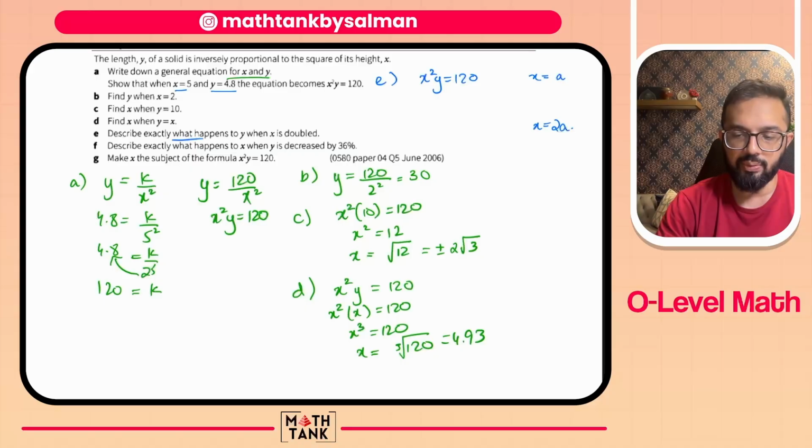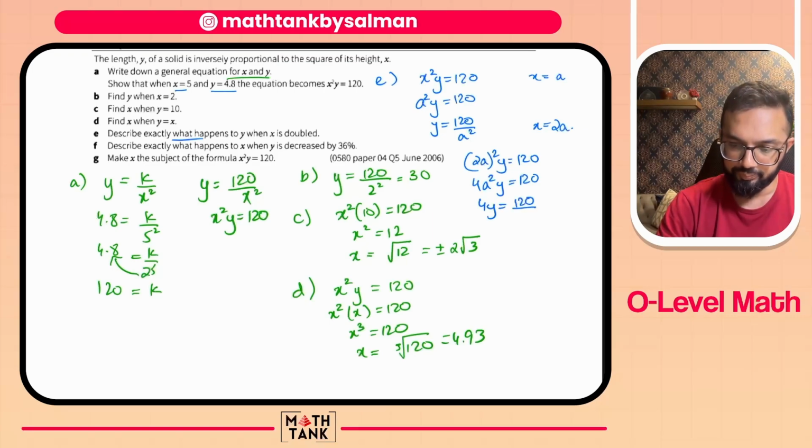So this one's going to become a squared y equals 120. So y is basically 120 over a squared. When it's 2a, squared y equals 120. That's 4a squared y equals 120. So 4y equals 120 over a squared.